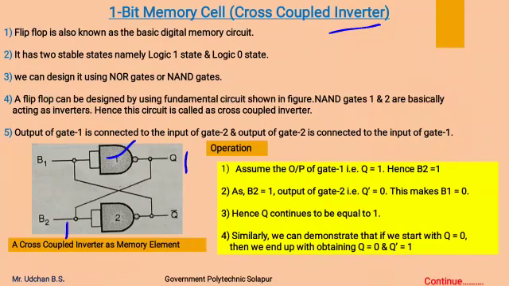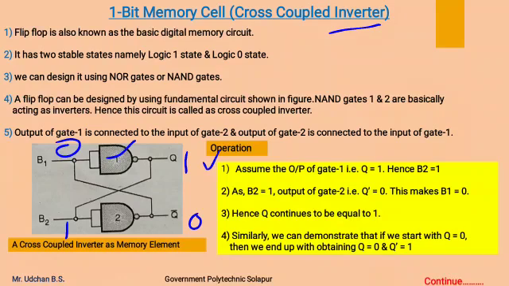As B2 is 1, the output of gate 2, that is Q complement, will become 0. As Q complement becomes 0, B1 will become 0, by which the output of NAND gate 1 will become 1. Hence Q continues to be equal to 1.